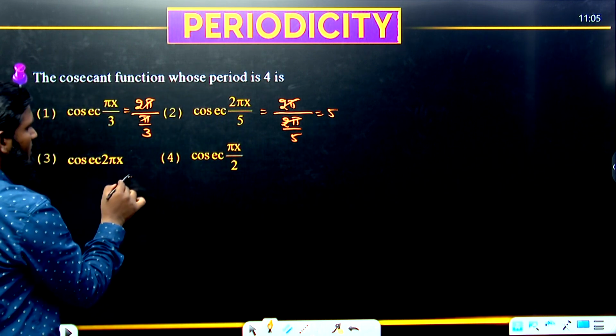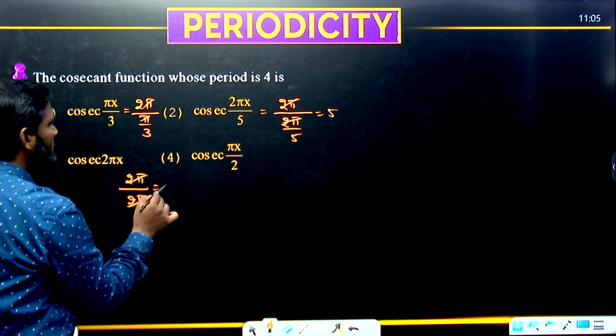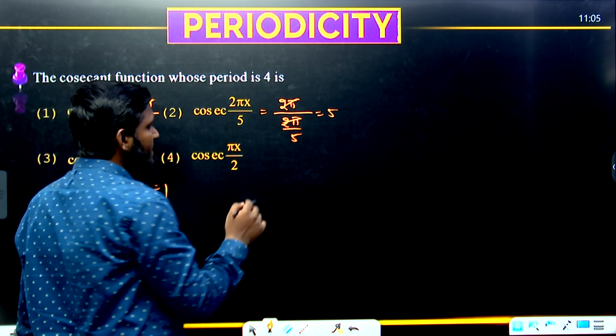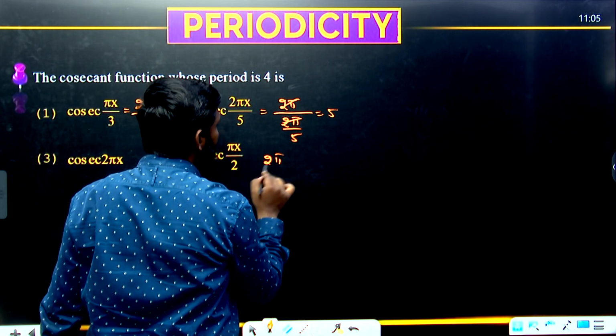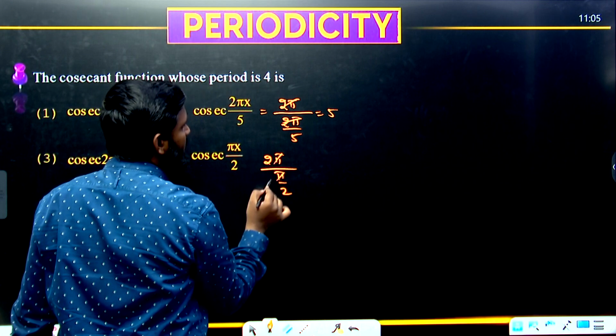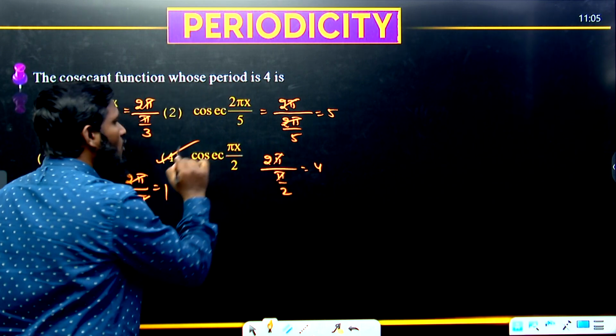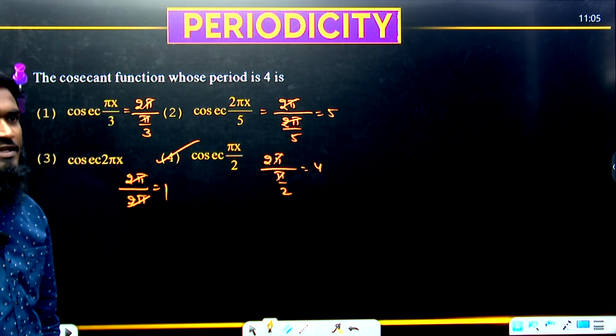Now 2 pi divided by 2 pi is equal to 1, this is also wrong. But let us check this part, 2 pi divided by pi by 2, pi gets cancelled, 2 goes to the numerator, 2 2s are 4, so option 4 is correct.